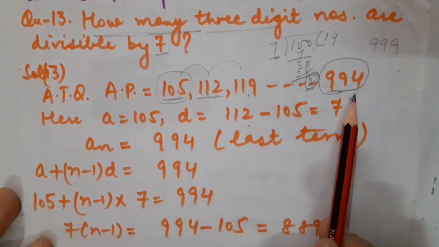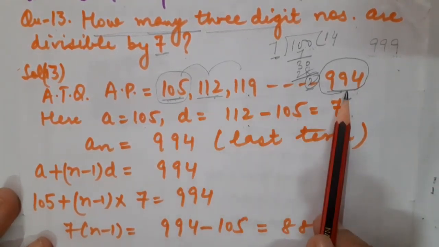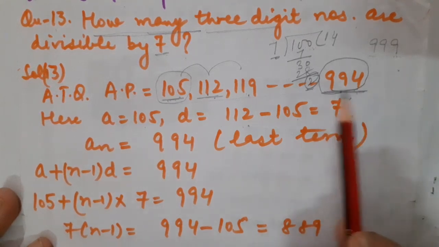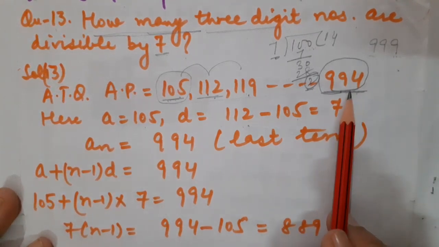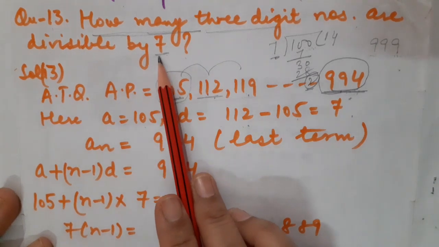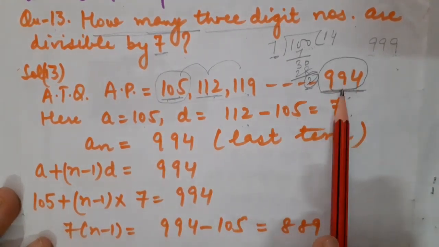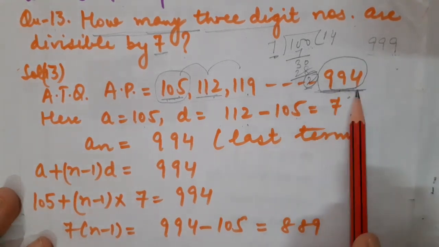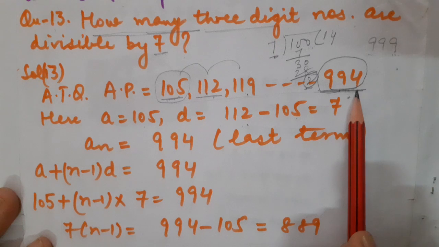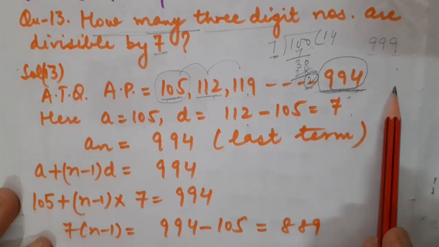Children, as you know, the complete list of numbers is going to end with 994, because this is the number which satisfies the given situation: it should be a 3-digit number as well as divisible by 7. So can I call it the last term of this AP? Of course, because after that you will not get any 3-digit number which is exactly divisible by 7.